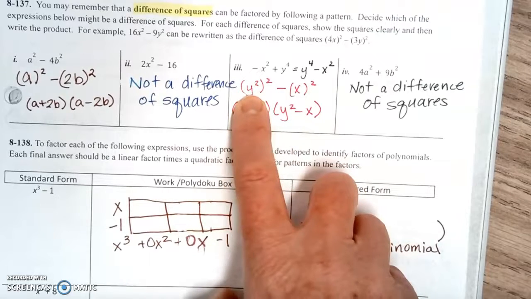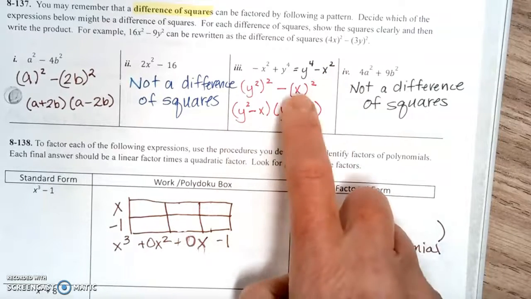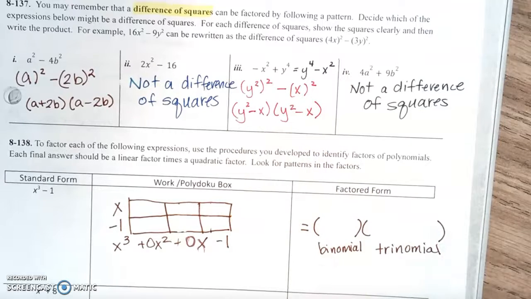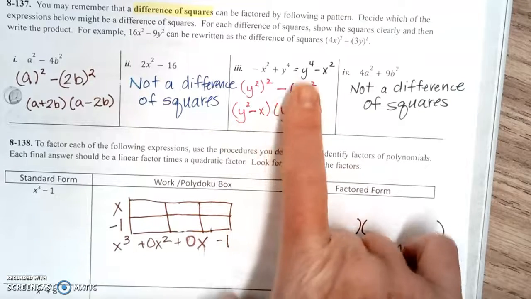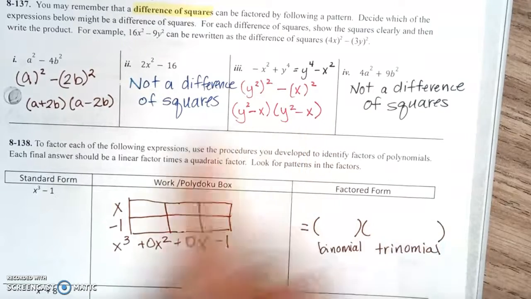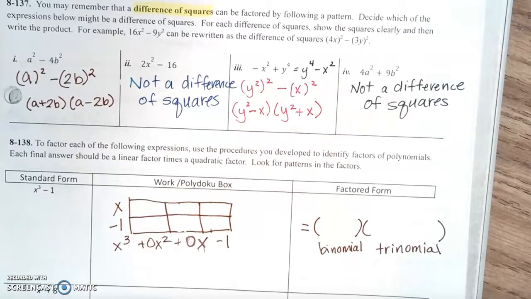It's y squared squared, and x squared is definitely x squared. So that one is a difference of squares. So when you write it as a product, you're going to do y squared minus x and y squared plus x, one of them should be plus. Okay. Doesn't matter which one's plus. You'll notice on this one, I put the plus, then the minus, and on this one, minus, then the plus. So it doesn't matter which way you write them.